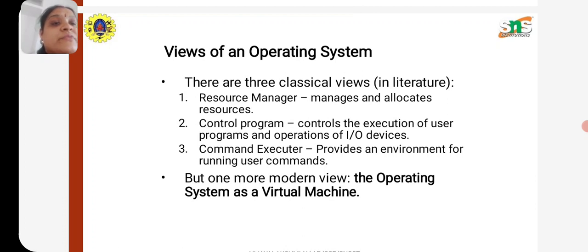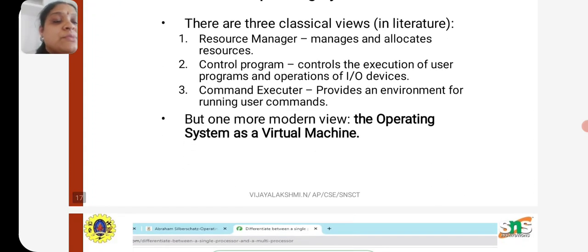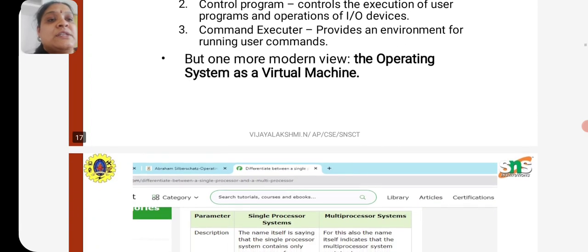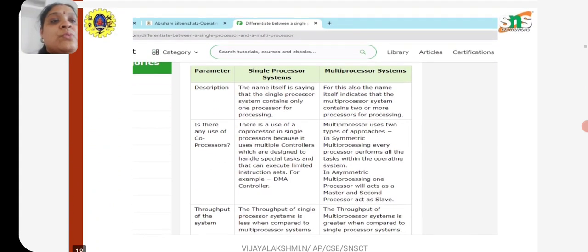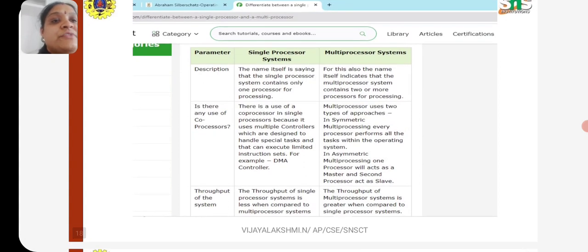The control program controls the execution of user programs and the operations of the input output devices. The command executor provides an environment for running user commands. One more modern view which we have is called the virtual machine, which I will explain in the second and third unit.